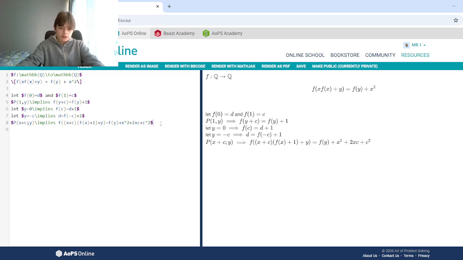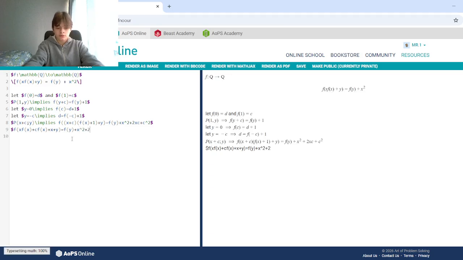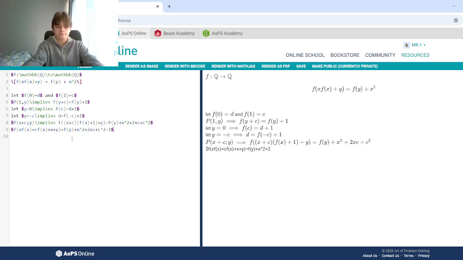Okay, and this is the same as x f(x) + c f(x) + x + c, but we can bring c out like this, and we can add 1 to the right-hand side, so this is equal to f(y + x^2 + 2xc + c^2) - 1.